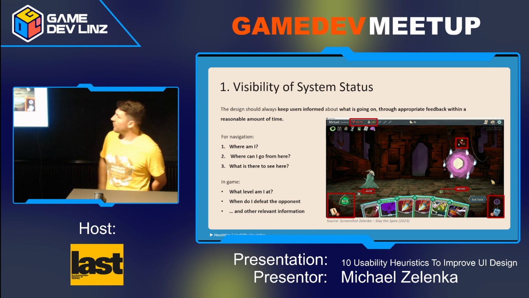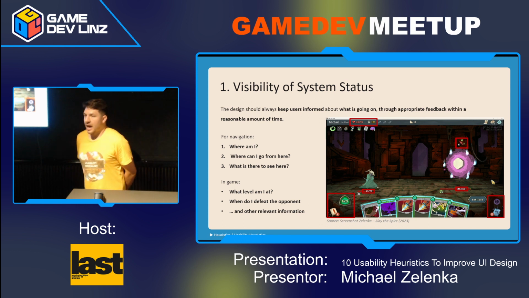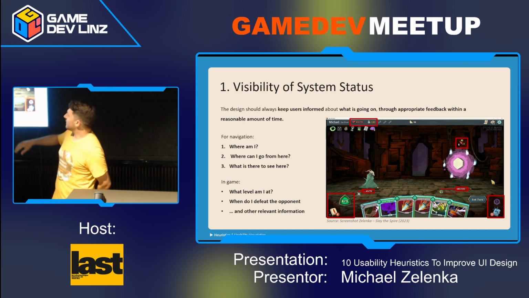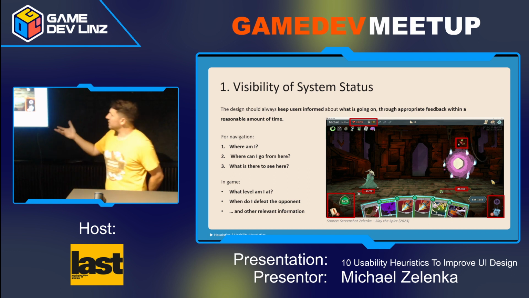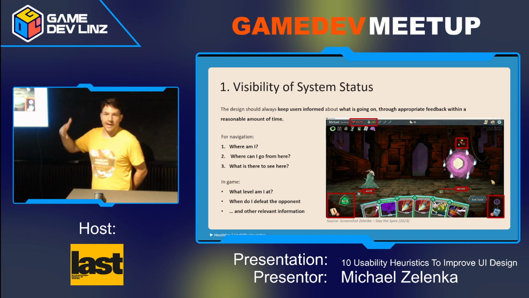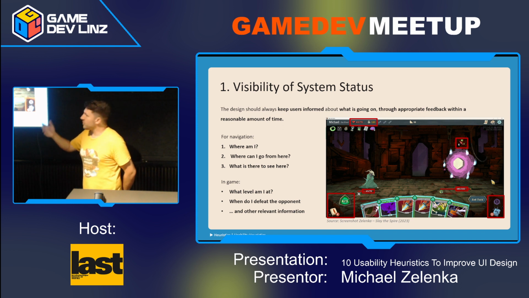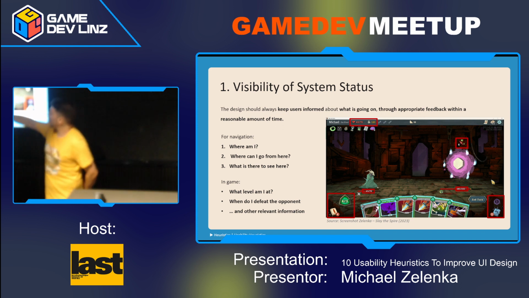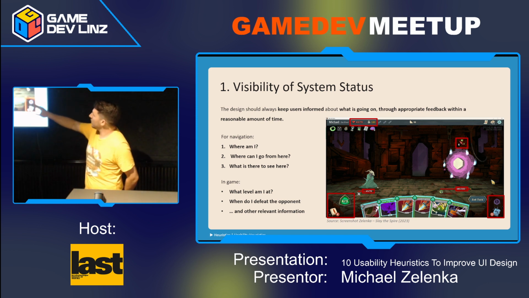You see a screenshot from Slay the Spire, and you will immediately recognize that there are a certain amount of icons and numbers which show you the actual state of the game. You know, for instance, the health bars of the opponent and of your own character, including the number.